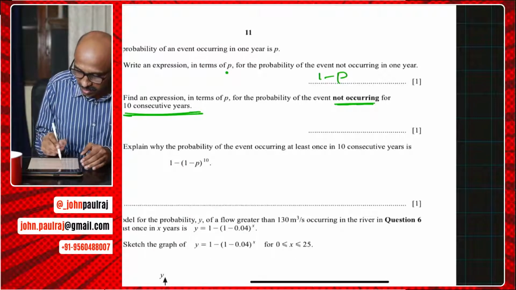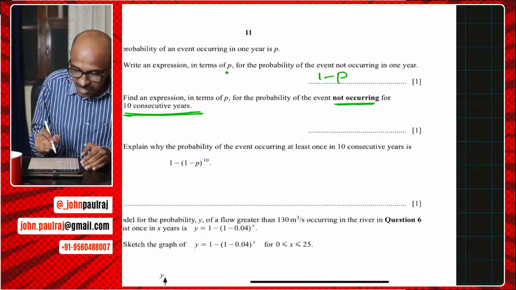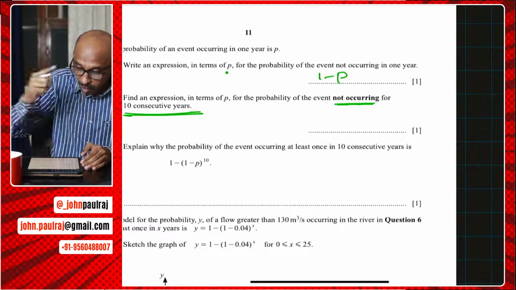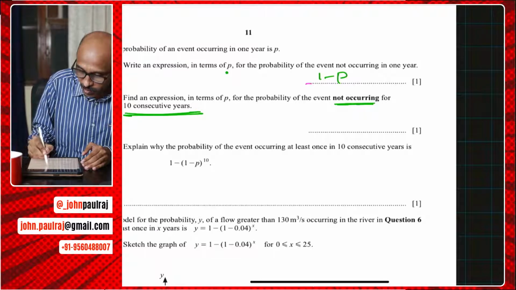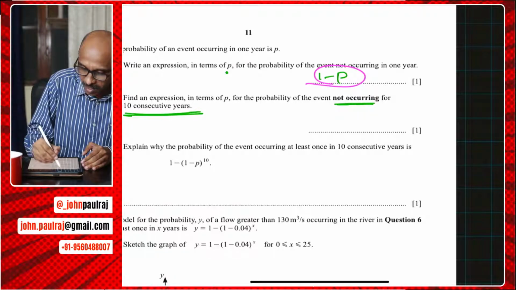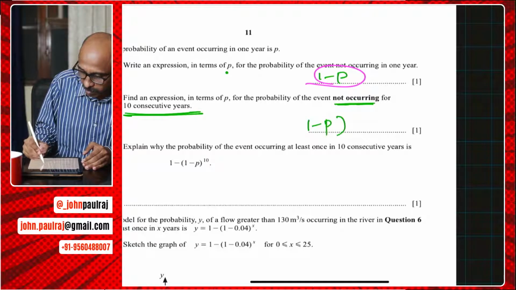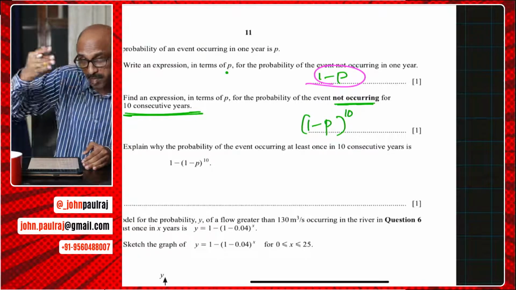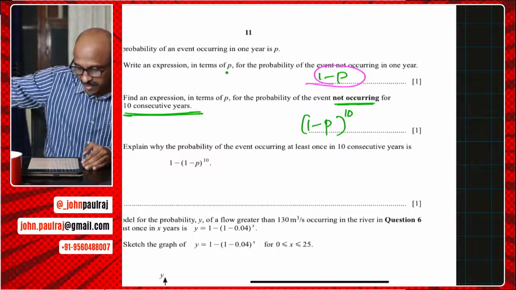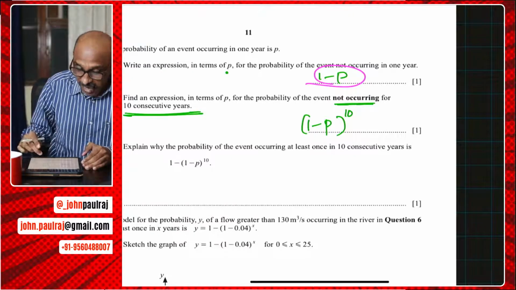So because they're asking for the expression in terms of P for the probability of that event not occurring, we already said that not occurring is 1 minus P. So not occurring for 10 consecutive years will be just (1 minus P) to the power of 10. It's basically (1 minus P) times (1 minus P) times (1 minus P), 10 times like that. So it's (1 minus P) to the power of 10.